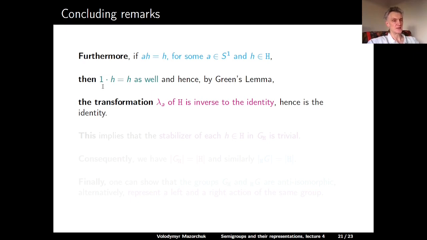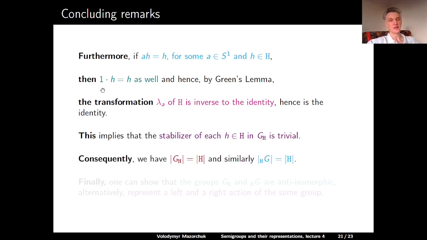And so this lambda a is itself the identity. And this implies that the stabilizer of each element in our H class, the stabilizer of that element in the left Schützenberger group, is trivial. So we have a transitive action with trivial stabilizer, and it follows that the cardinality of the Schützenberger group is equal to that of H, both for the left and for the right Schützenberger group.